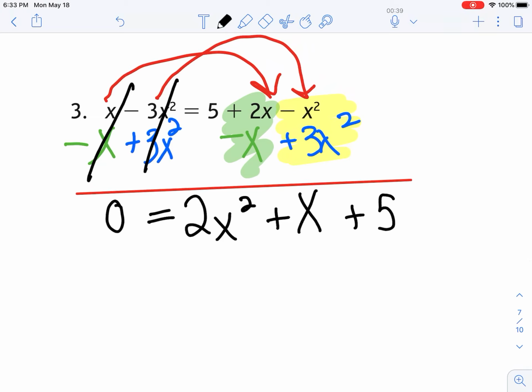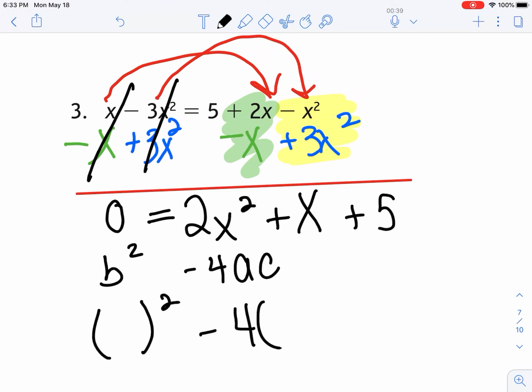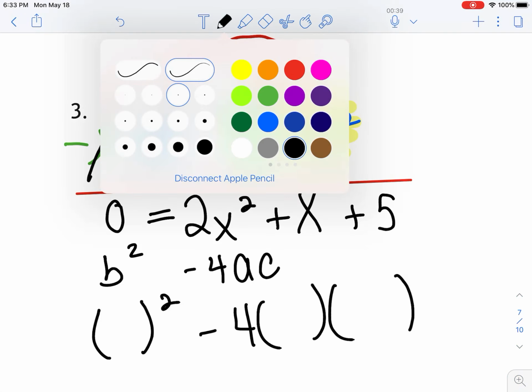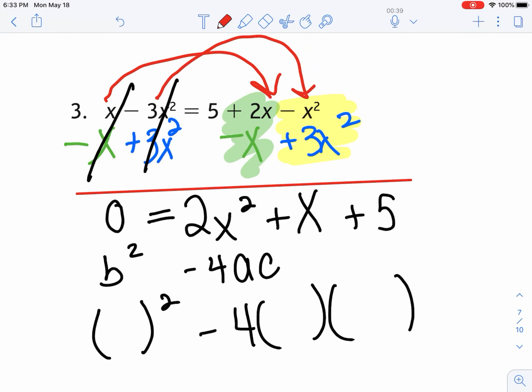So you have b squared minus 4 times a times c. You can continue. Your b is 1, your a is 2, and your c is the constant.